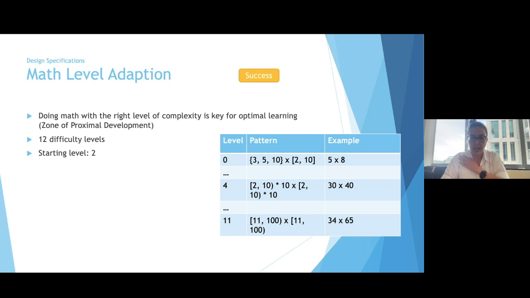Based on the correct answer, they would go a level up or a level down. The second module was focused on personalization.